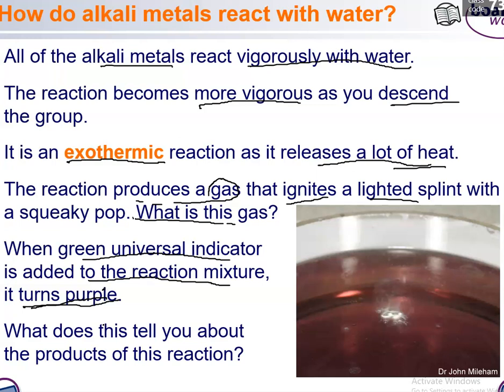Here we're talking about whether the product is acidic or basic. So if the reaction mixture turns purple, what product do we get? And again, the gas that's produced also ignites a lighter splint with a squeaky pop. What gas is that? Pause the video and write it down.